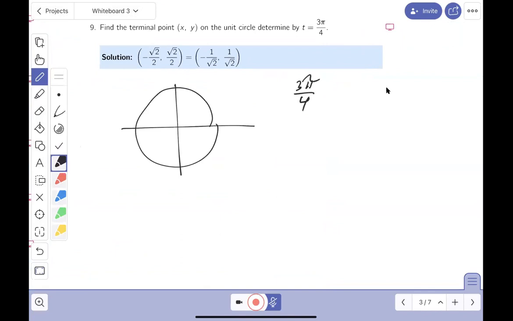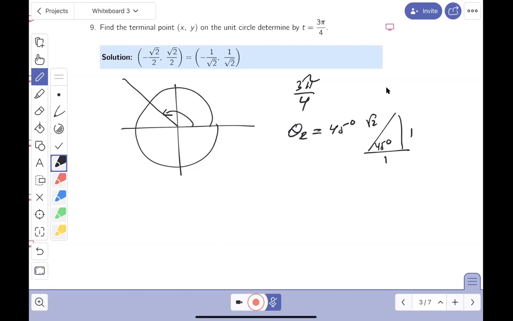Well, I think you should have some idea that this thing's over here. This is 3 pi over 4. What's the reference going to be? Well, the reference angle is 45 degrees. All right, let me draw a little picture. 45 degrees, and that would be 1, 1, root 2. But I want that hypotenuse to be 1, so I'll divide by root 2.